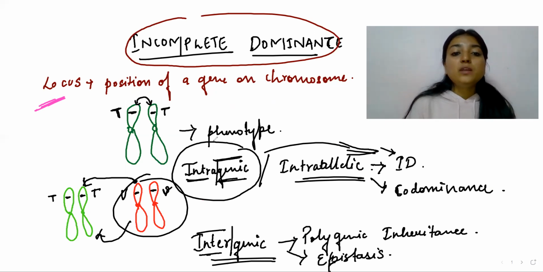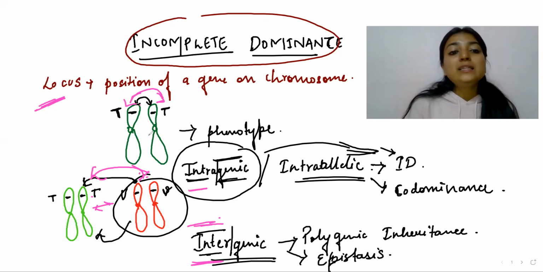So, here we understood the intragenic, which means the interaction between the alleles. Within the genes or between the two genes, if the interaction is happening, it is intergenic. Inter means between, intra means within. So here, within the alleles or within the genes, the interaction is happening. Here, between the genes, interaction is happening.